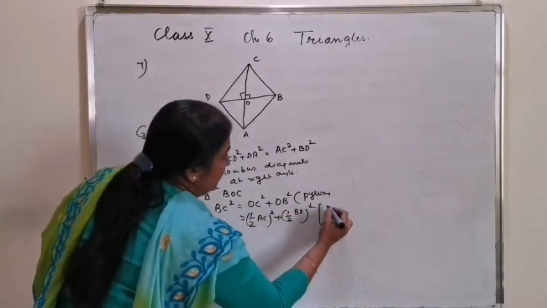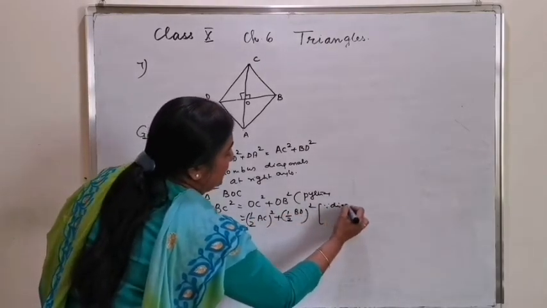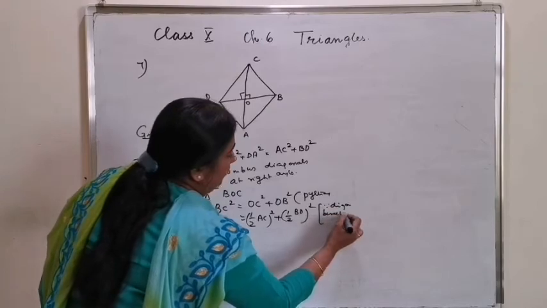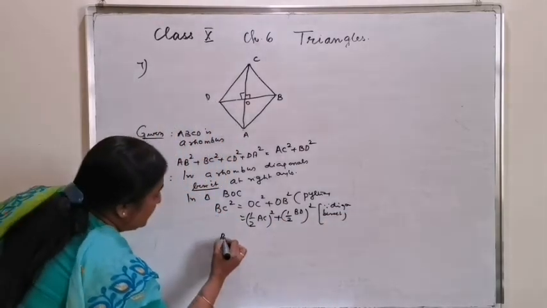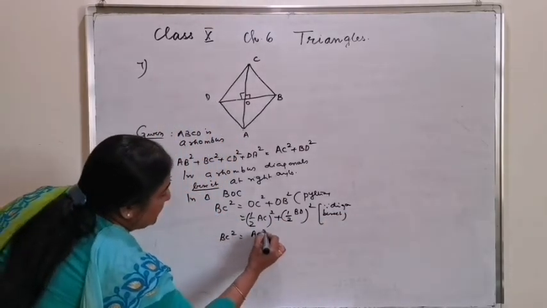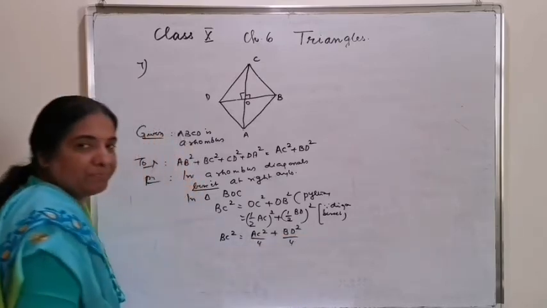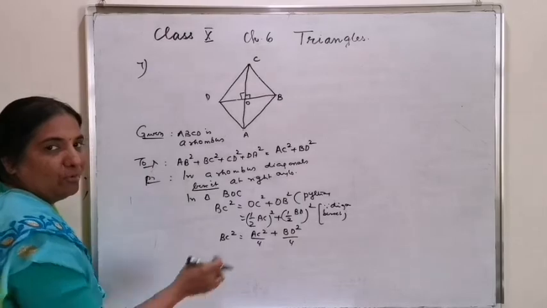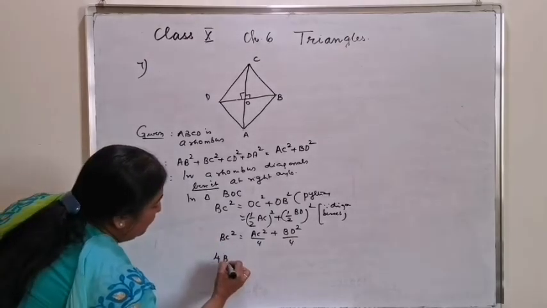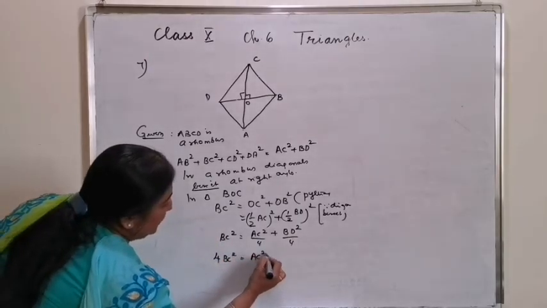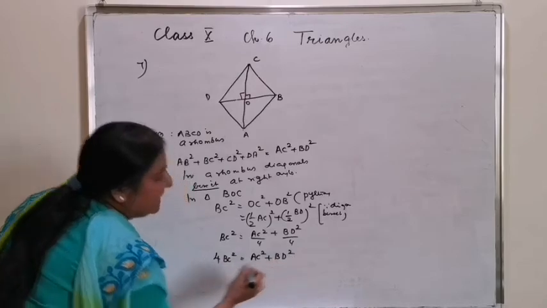You can write here, since diagonals bisect, BC square is equal to AC square by 4 plus BD square by 4. The common LCM of 4 will get cross multiplied. 4 BC square is equal to AC square plus BD square.